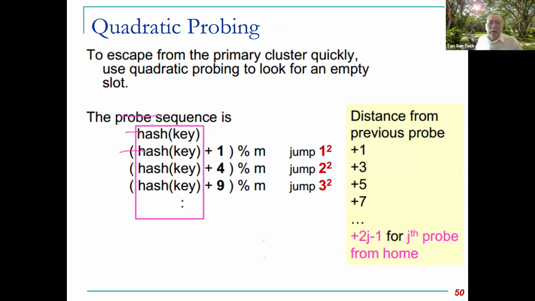The second way of overcoming the primary clustering problem introduced by linear probing is called quadratic probing.